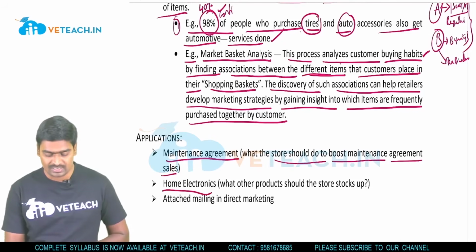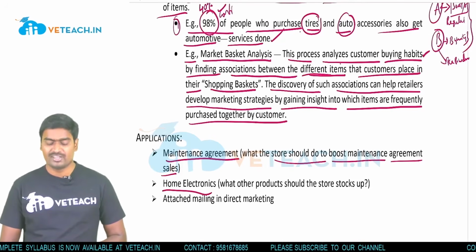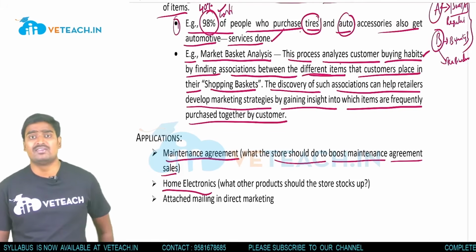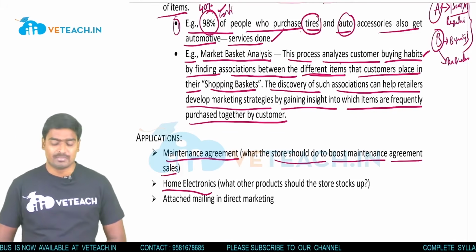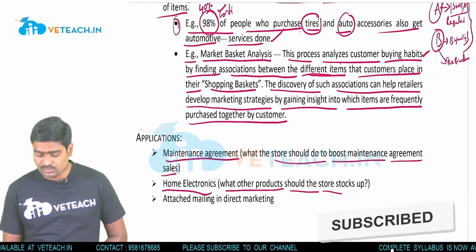The next one is home electronics. What different electrical devices are available in the market, and what other products should the store stock?